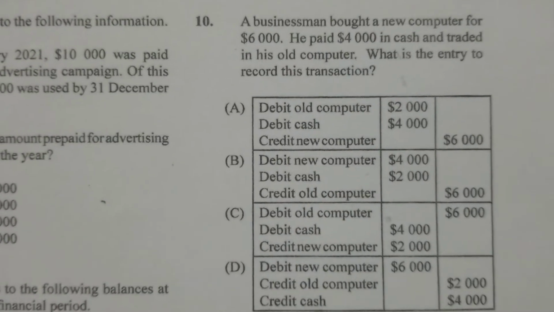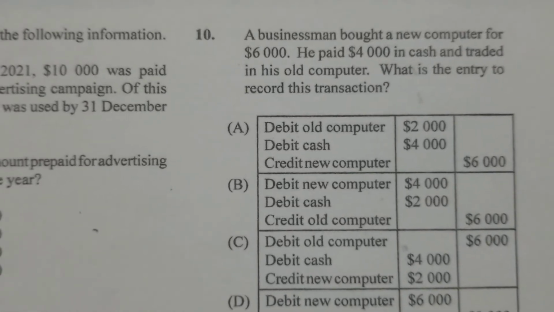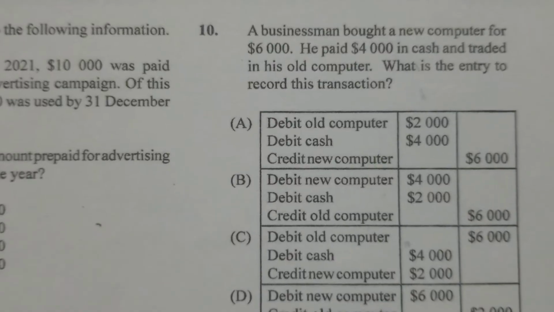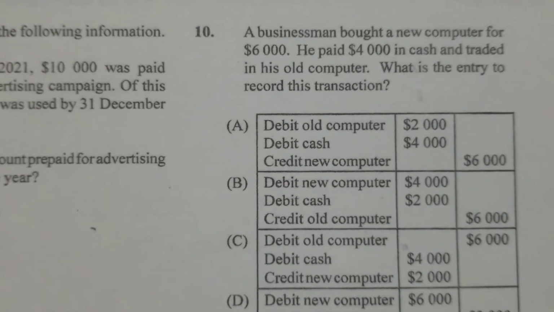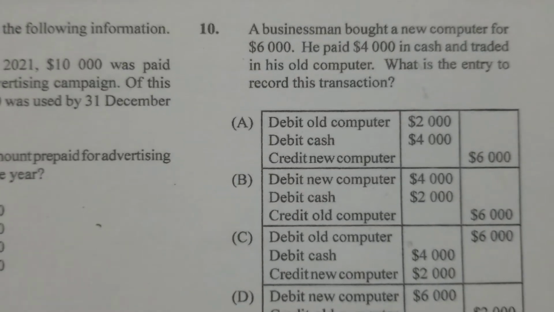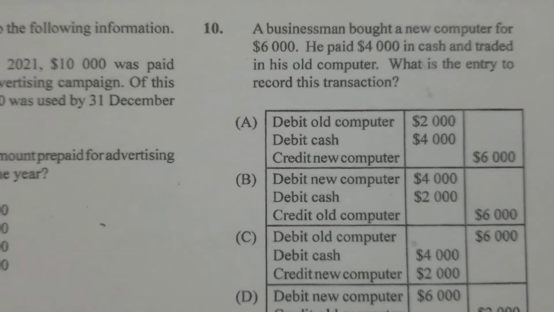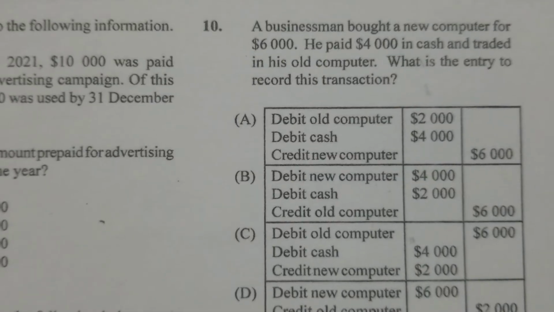All right, so let's interpret the question. Basically, we are buying a new computer for the cost of $6,000. We only have cash of $4,000, and we are trading in the old computer. Then we are assuming that the value of the old computer will be $2,000.